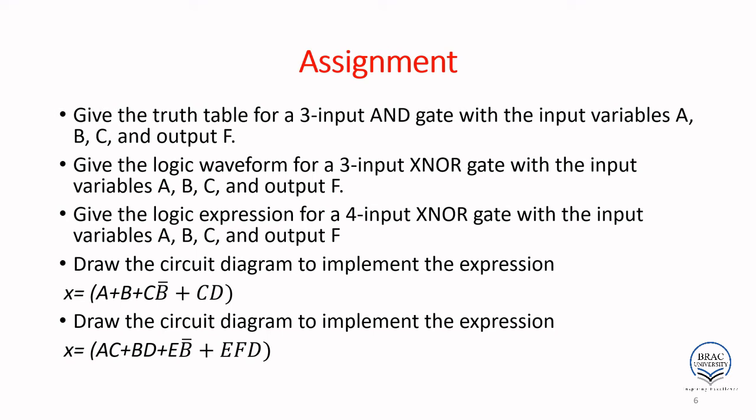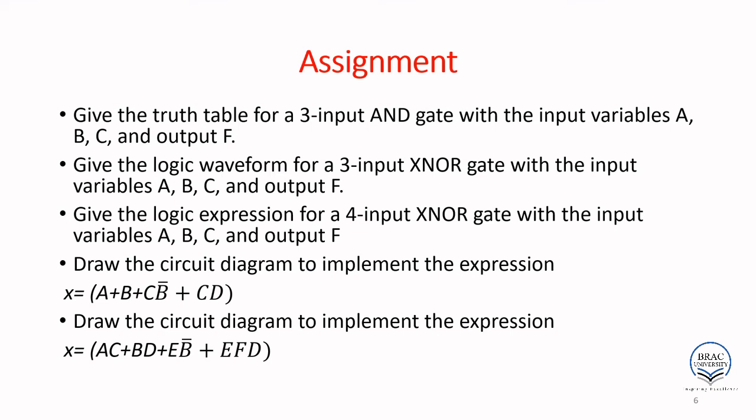You are given 3 inputs A, B, and C, and your output is F. For this one, you also need to show the truth table, the circuits, and equations. Here you are given a 4-input XNOR gate. We already discussed the 2-input XNOR gate, but here you need to determine 4 inputs. You are given A, B, C, and actually there will be D as well as the input, and output F.